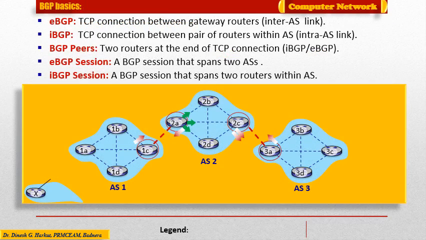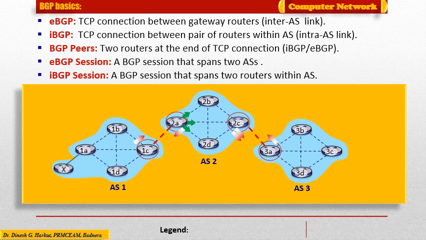Though BGP is extremely complex, it is imperative to acquire at least a rudimentary understanding of how it works. In BGP, pairs of routers exchange routing information over a semi-permanent TCP connection.